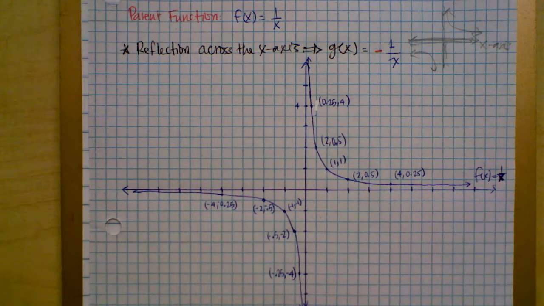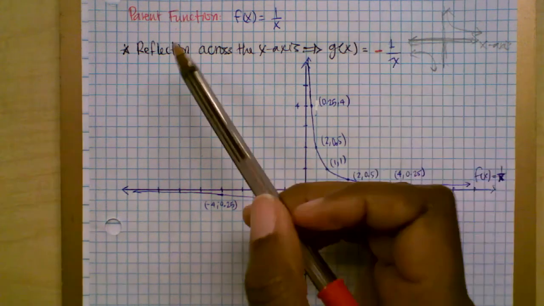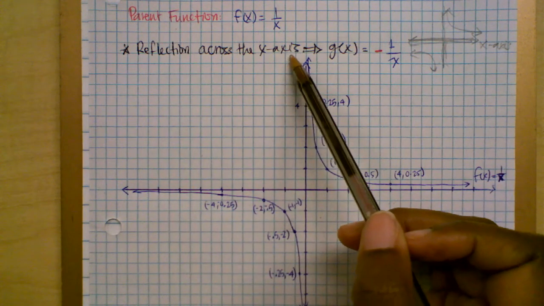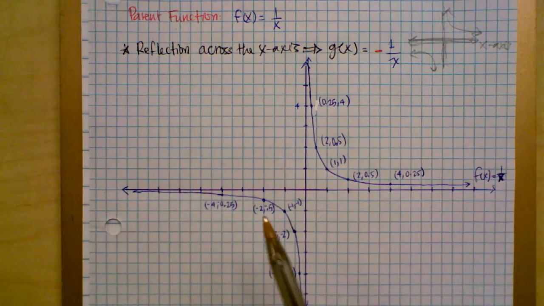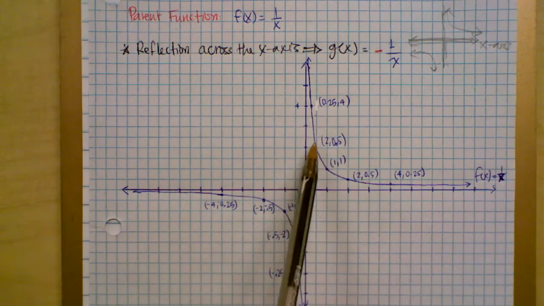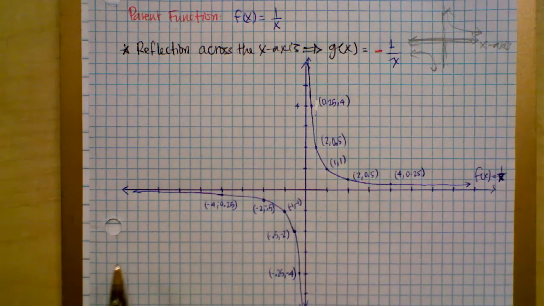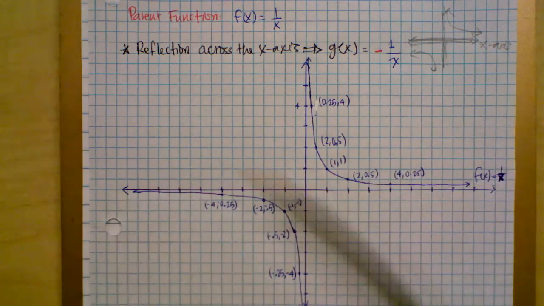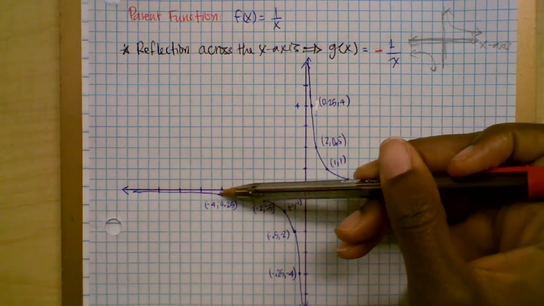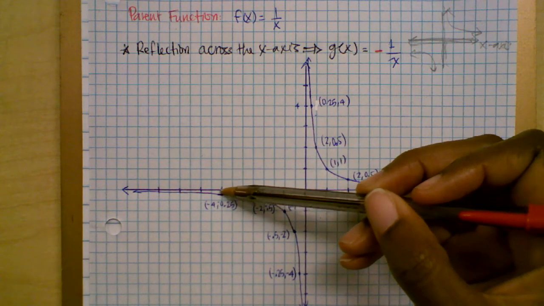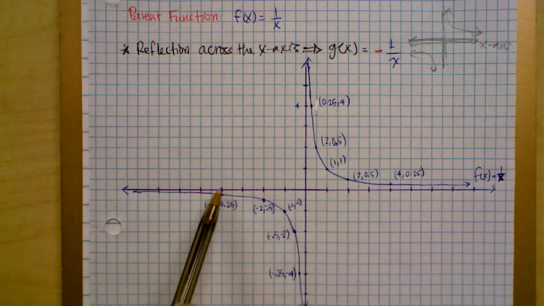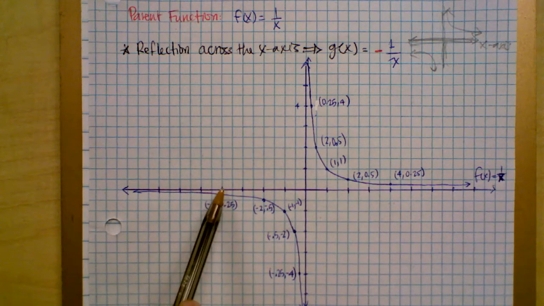Next, we have a reflection across the y-axis. Sorry, across the x-axis. Which means you're going to reflect each point across the x-axis. Let's start from left to right. This point is actually a distance of 0.25 from the x-axis, so its reflected point also needs to be at a distance of 0.25.